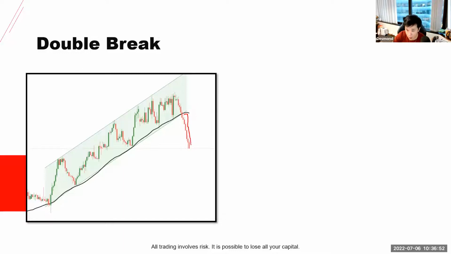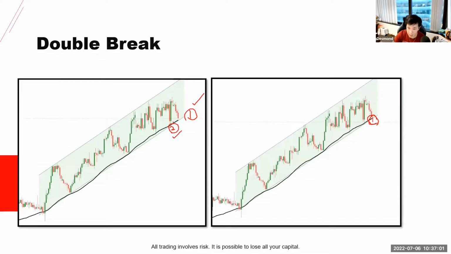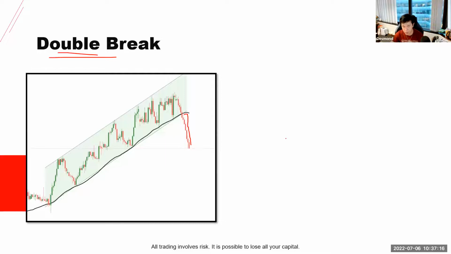And price comes all the way down to here, and you can see how the breakout worked out very nicely. This is a double confirmation. It's called a double break. It did not only break the channel, but it also broke the moving average. That gives us additional confidence that the break is successful and it should drop very nicely, which it did over here.